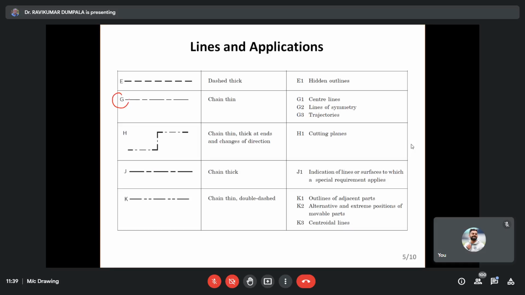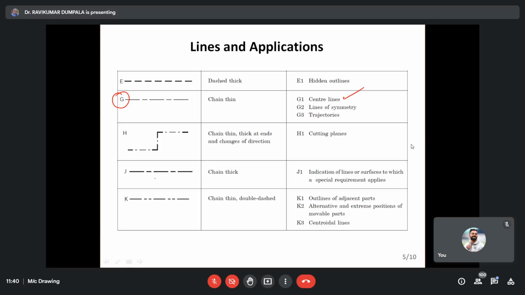And chain thin is most commonly used for center lines. Most components will have some axis or circle where you have to show a center line, holes and all those things, and there you use the chain thin line. Again, it's not the thick line, it's the chain thin line. The convention changes significantly, so please remember. You might have ignored that earlier.